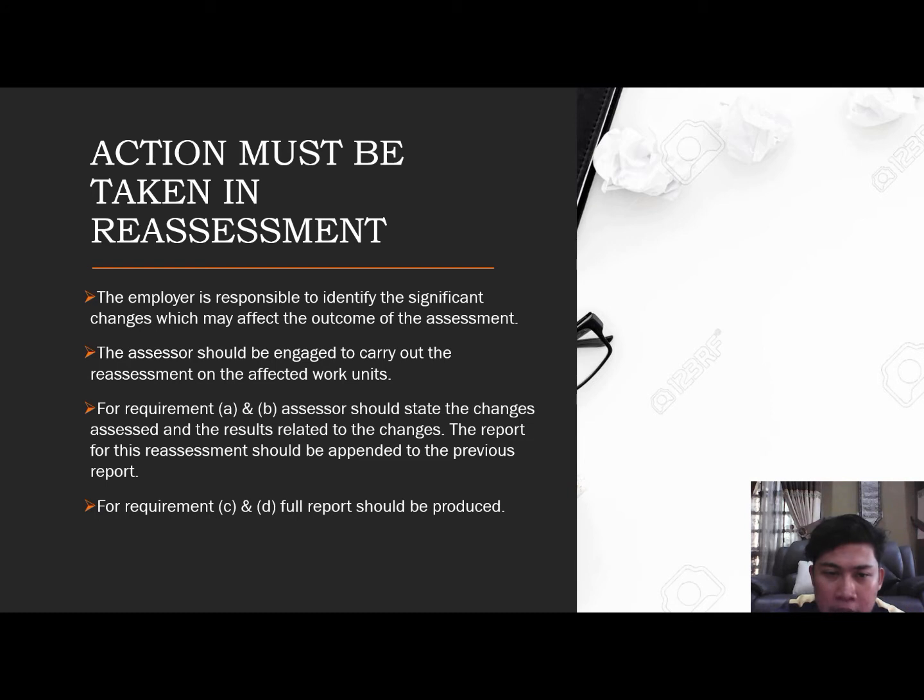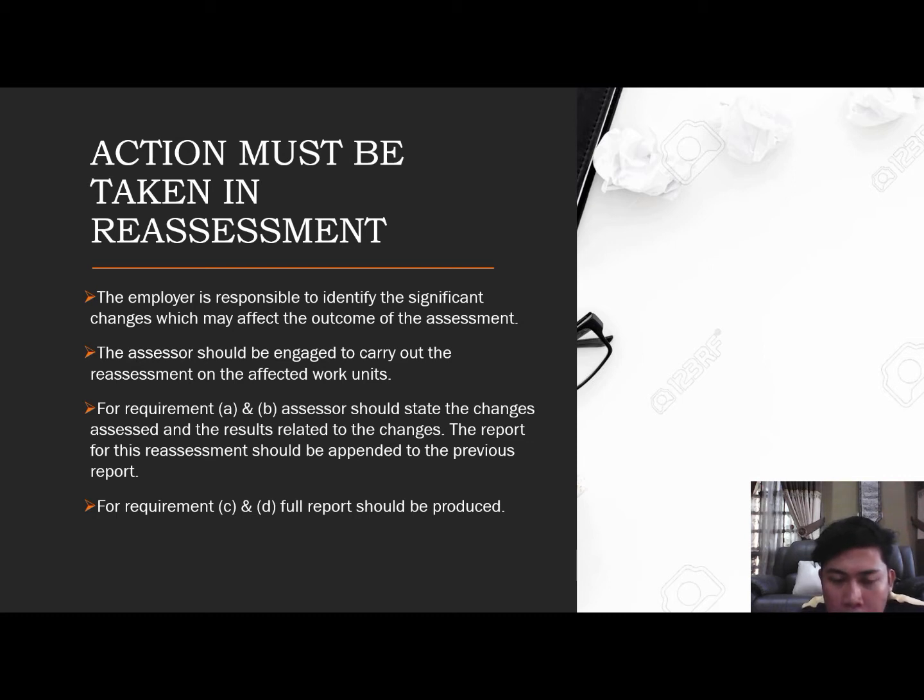Action must be taken in reassessment. The employer is responsible to identify the significant change which may affect the outcome of the assessment. The assessor should be engaged to carry out the reassessment on the affected work units.